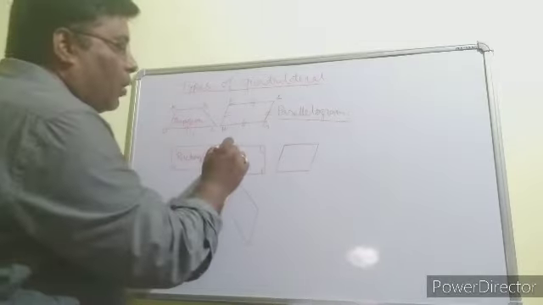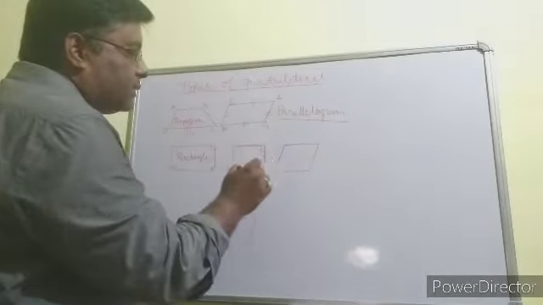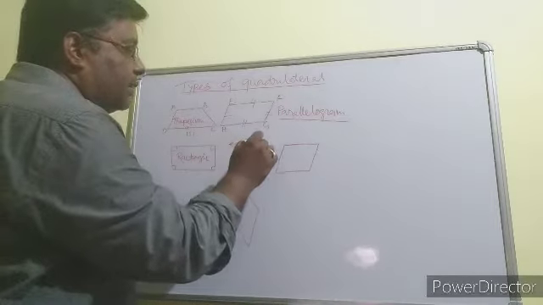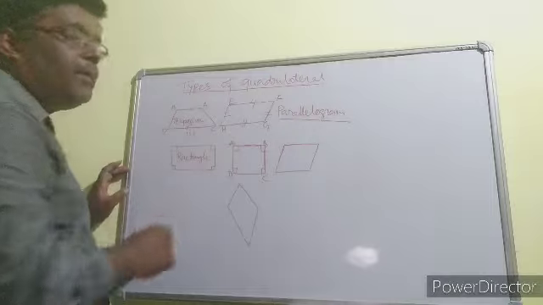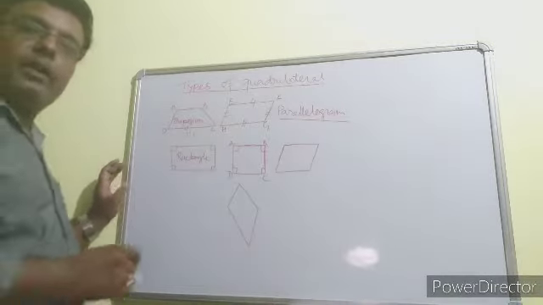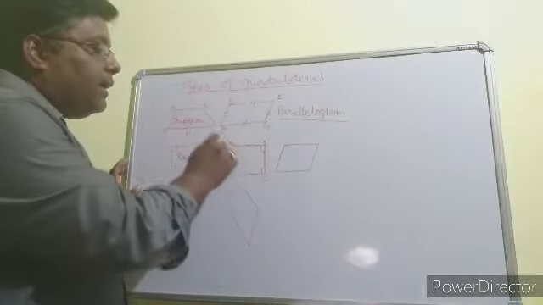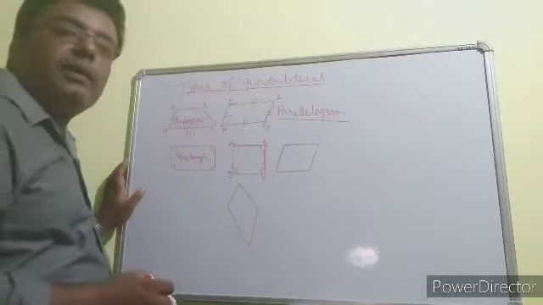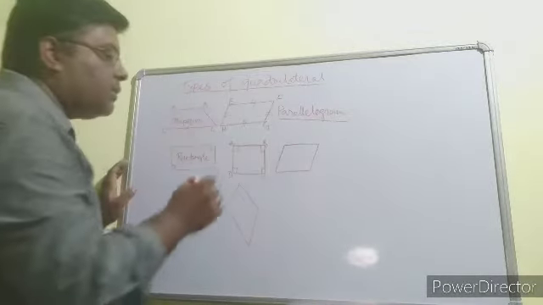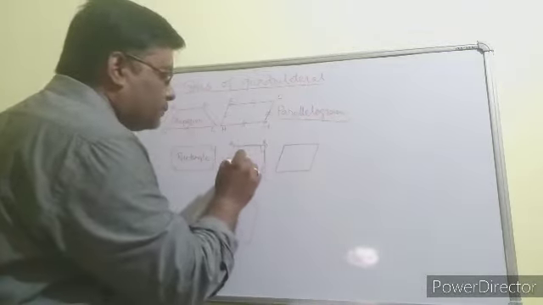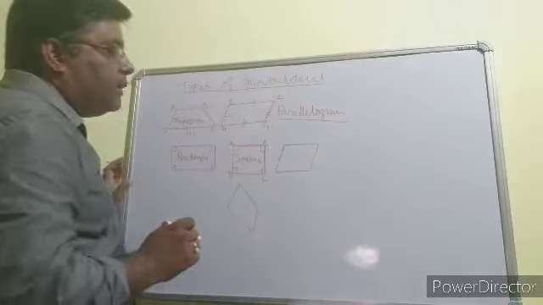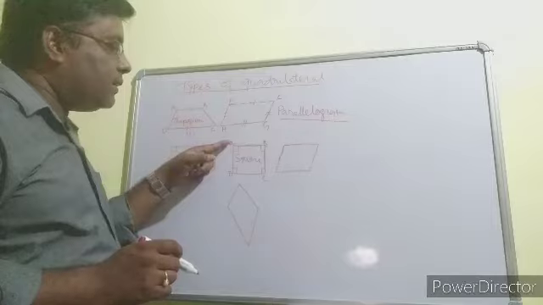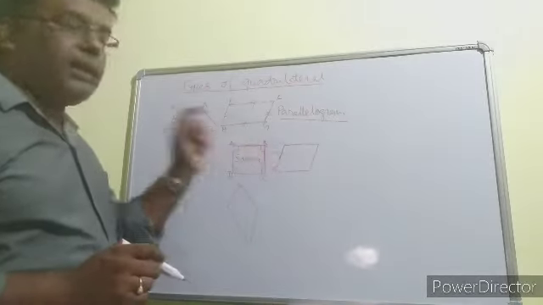But here all the four sides, suppose A, B, C, D, then AB, BC, CD and DA, all sides are equal, all angles are 90 degree and opposite sides are also parallel. So it's called square. And here, if you push this square, then it becomes like this.